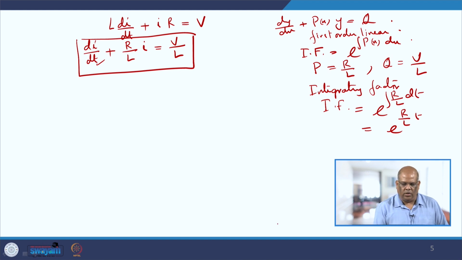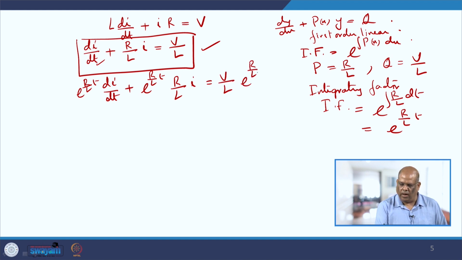The next step is you multiply this differential equation on both sides by the integrating factor: e to the power R by L t times dI/dt plus e to the power R by L t into R by L into I equals V by L e to the power R by L times t. This can be written as d/dt of I times the integrating factor.